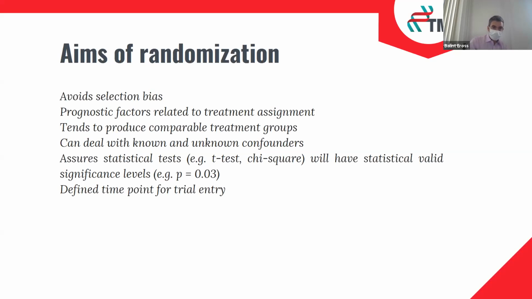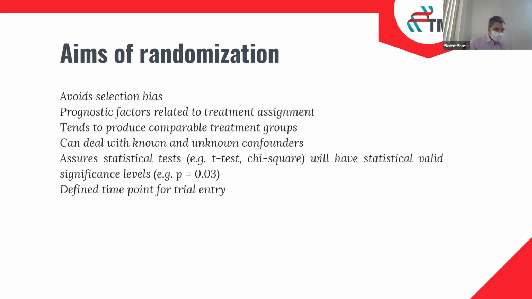Randomization can deal with known and also unknown confounders. A lot of confounders are unknown to us when we do a study on a treatment. I have to emphasize that. And randomization can assure the statistical appropriateness of your study.